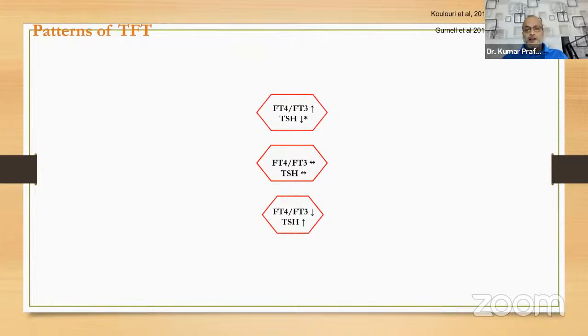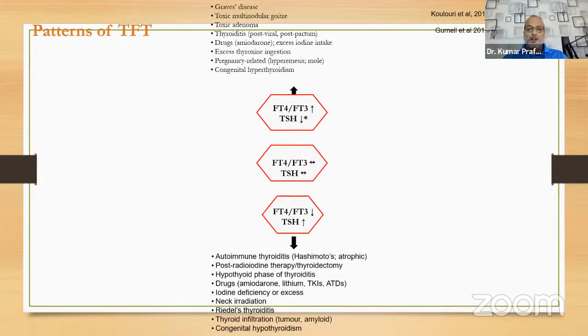Now the variations I talked about: TSH is decreased with increase in free T4 means there is hyperfunctional thyroid, that is hyperthyroidism. When free T4 is less with increase in TSH, this is hypofunctional thyroid, that is hypothyroidism. Now the clinical conditions in which we may have such variations.